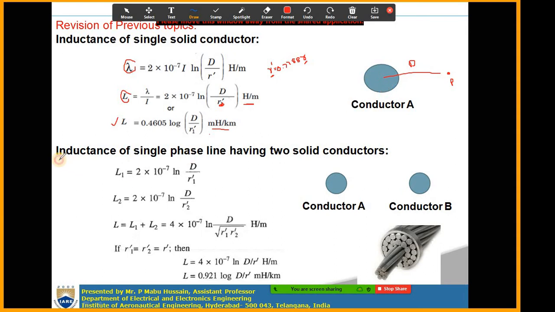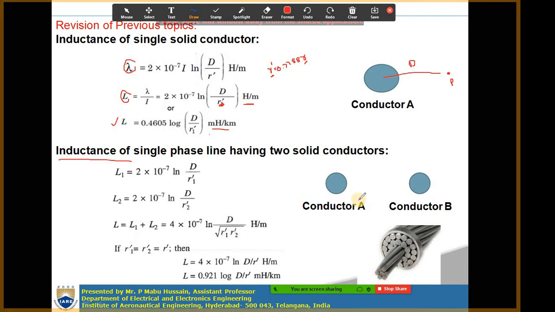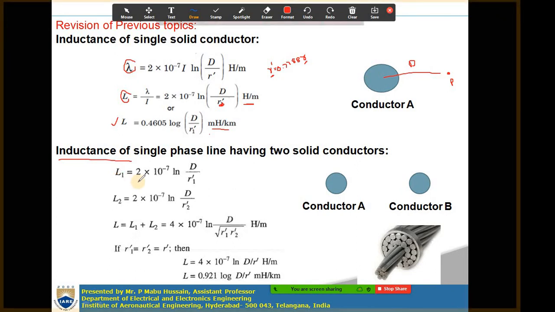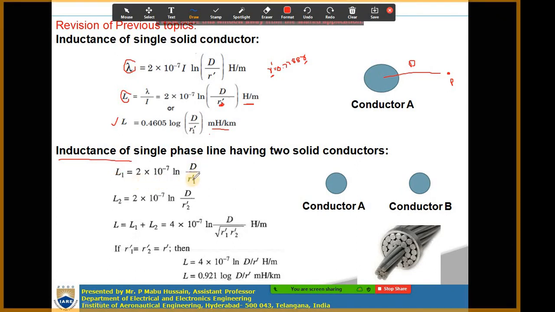Now observe the inductance of a single phase line having two solid conductors, conductor A and conductor B. If you calculate the inductance for conductor A, which is our conductor 1, L1 is equal to 2 into 10 power minus 7 ln D by r1 dash.